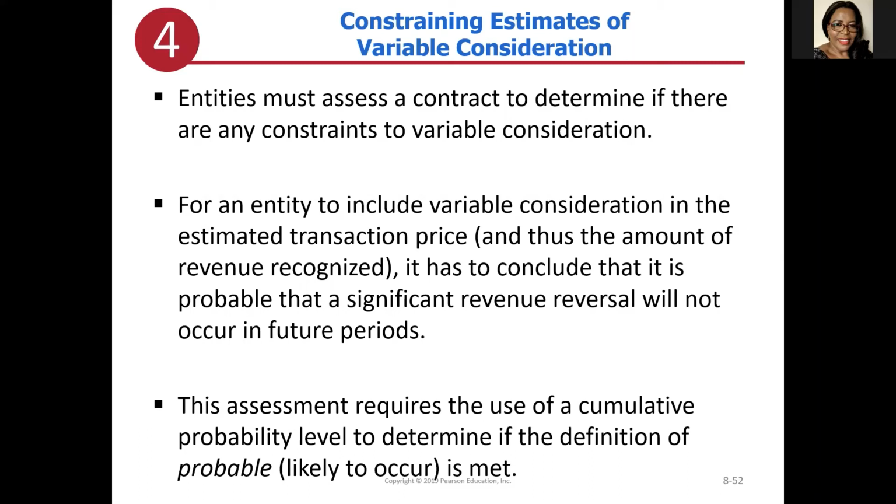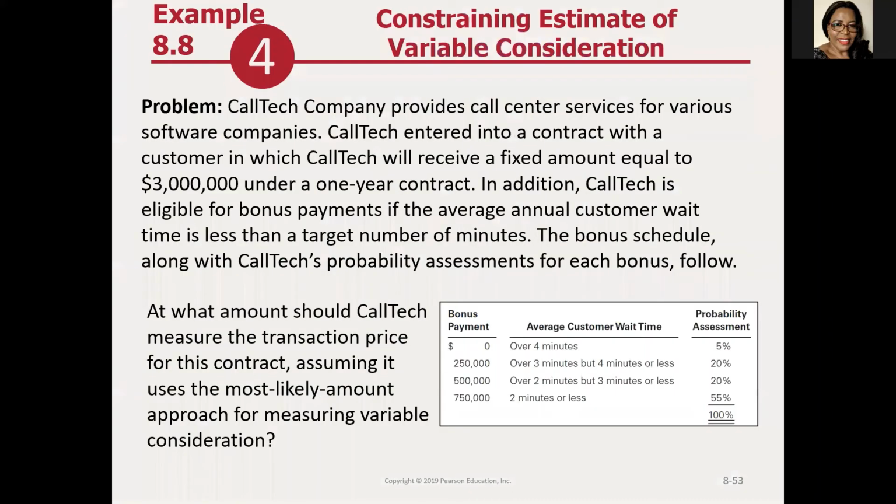In example 8.8 on the next slide, it provides a case with a constraining estimate of variable consideration. Here we have Calltech Company, which provides call center services for various software companies. Calltech entered into a contract with a customer in which Calltech will receive a fixed amount equal to $3 million under a one-year contract.